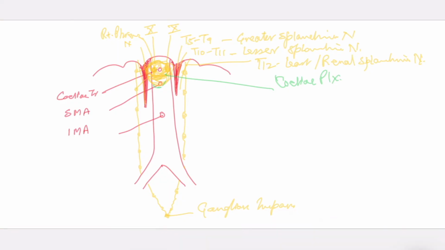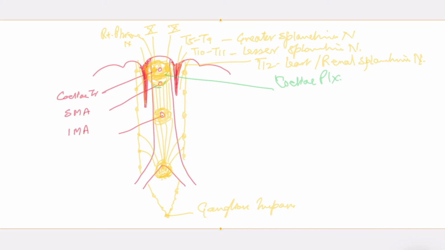Now this plexus descends down further, and it forms a plexus along the inferior mesenteric artery as well, and it continues down further to form a plexus below the bifurcation of the aorta into its terminal branches. This plexus also gets a contribution from the lower two lumbar splanchnic nerves, L3 and L4.